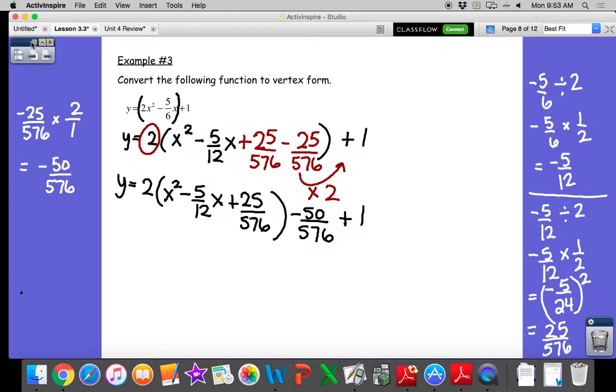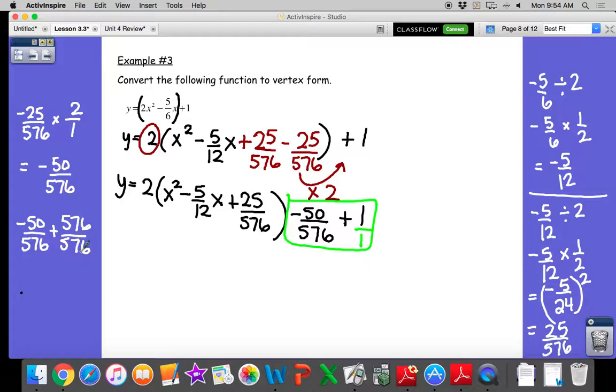What I like to do next is combine my q values together. In order to add or subtract fractions, you need common denominators. So I have to make sure that this, right now, which is over 1, becomes over 576 as well. Again, I'll do that to the side. So negative 50 over 576, I'm going to add it with 576 over 576, which is the same thing as 1.